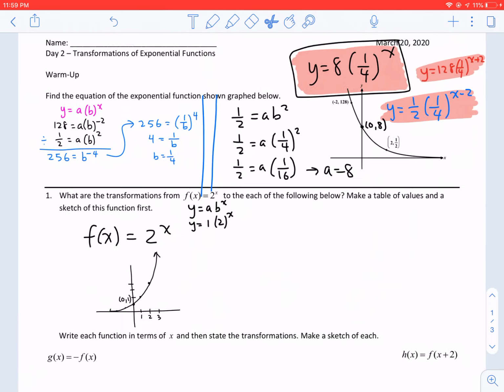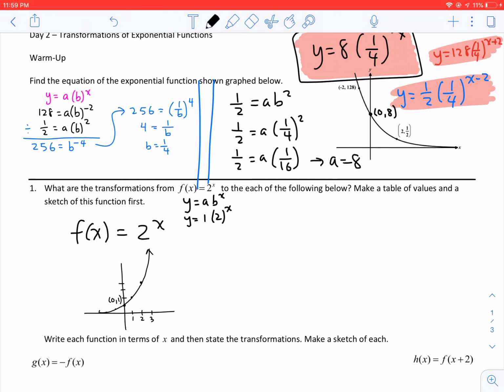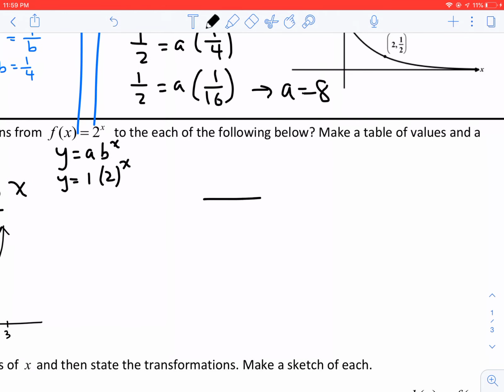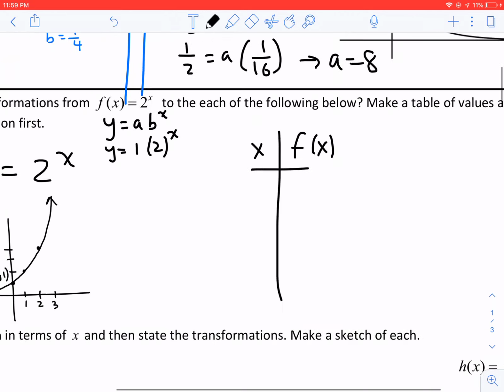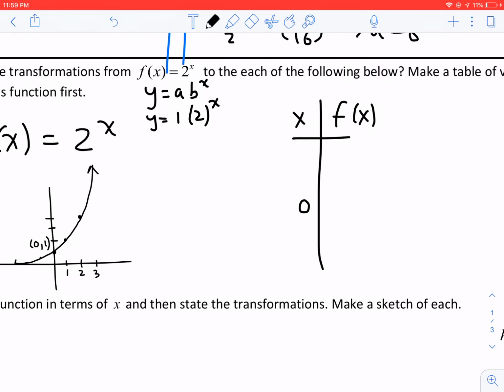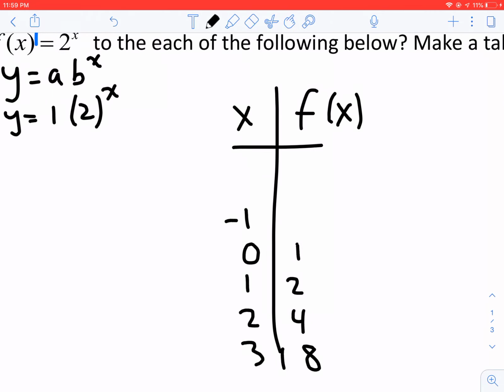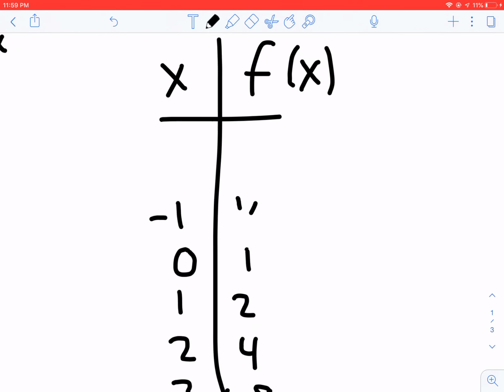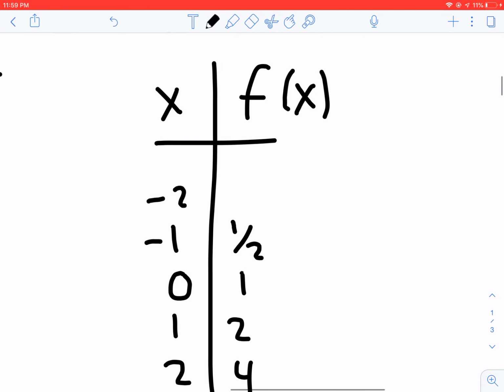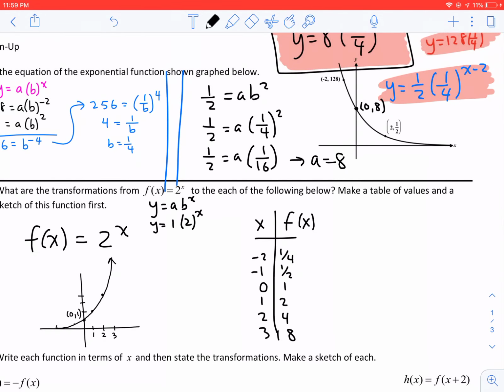Boom. All right, so now make a table of values. Probably should have done that first, but when x was 0, f of x was 1; 1, 2; 2, 4; 3, 8. And then going the other way, 2 to the negative first power would be a half, 2 to the negative 2 power would be a quarter, etc. We're dividing by 2 each time.